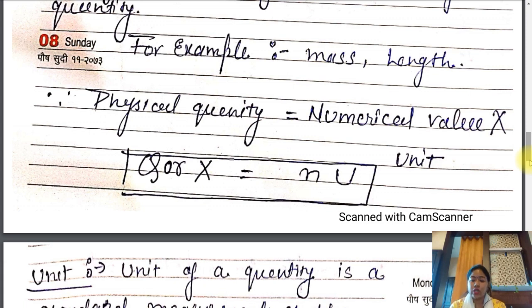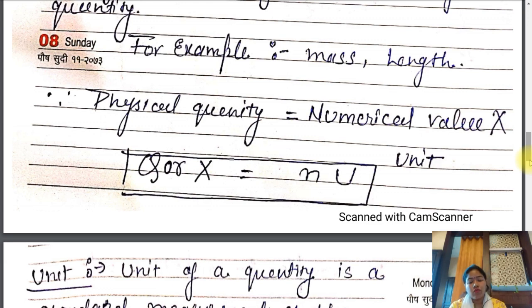Kg is the unit. So 20 kg completely tells about the weight or the mass of the object. That means by the statement 20 kg, you can understand that 20 kg is the mass of the object.